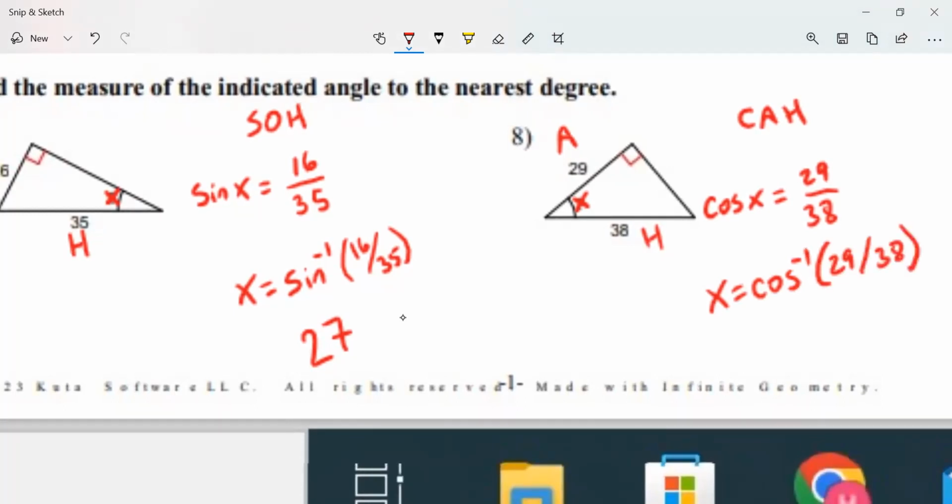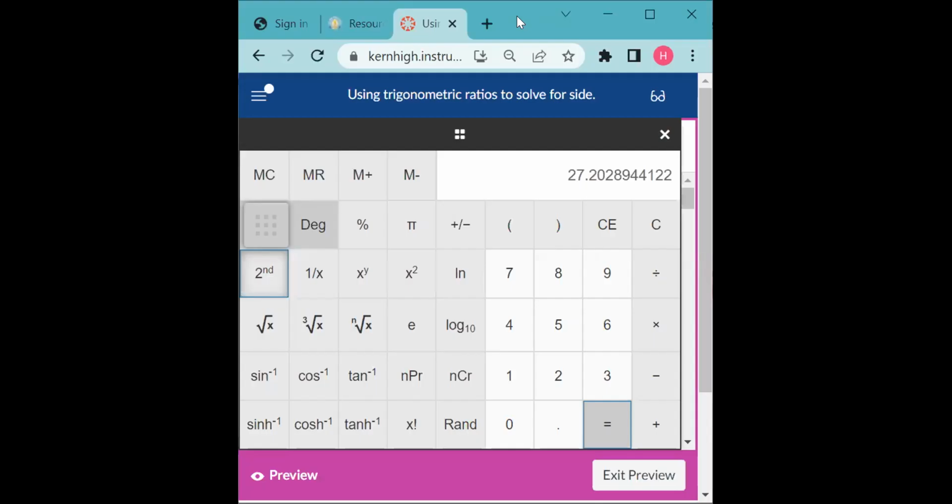Again, I recommend you guys use the calculator given in Canvas. Otherwise, it makes it a little harder to work with. So let me use my calculator here. I'm going to type this in. So I see cosine inverse, right? Have it on degrees. Make sure you have it on degrees. And then I'm going to say cosine inverse. 29 over 38, I type that in as 29 divided by 38.